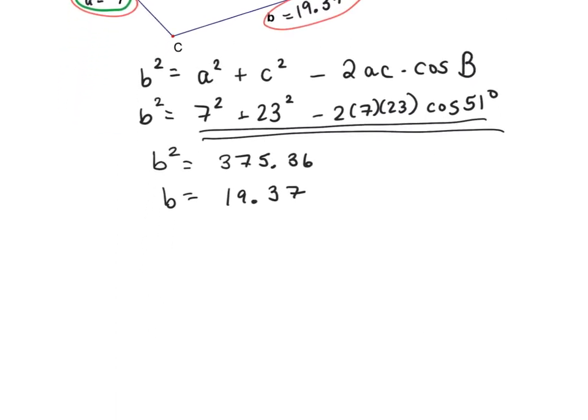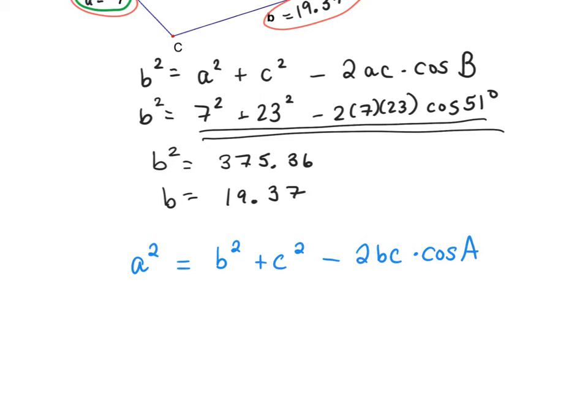So if I want to find angle A using the law of cosines, I have to pick the law of cosines that has angle A in it. And that's the one that'll start with side A. So A squared equals B squared plus C squared minus 2BC times the cosine of angle A. So angle A is really what I'm trying to find. And doing the problem this way will really set us up to be able to do our second case when we have all three sides.